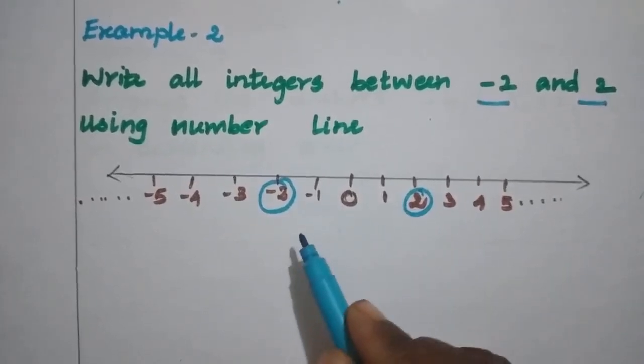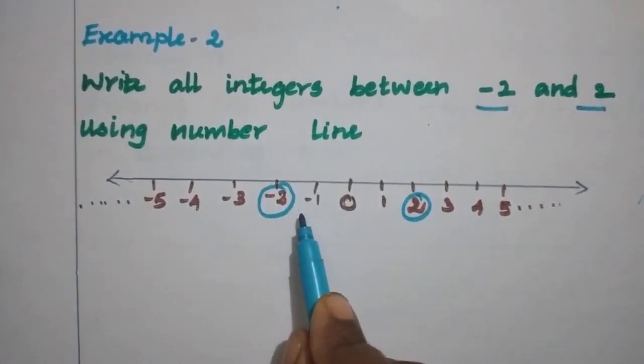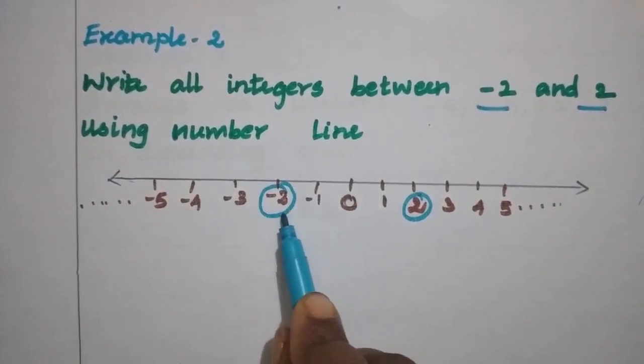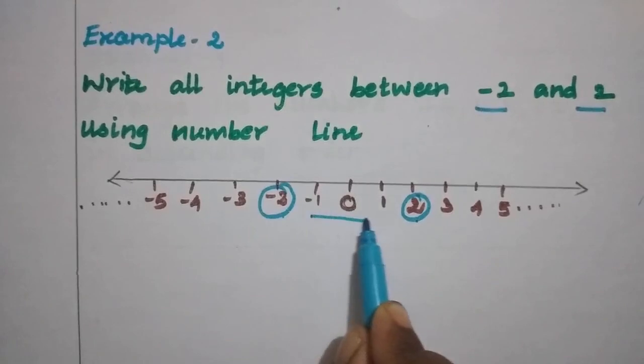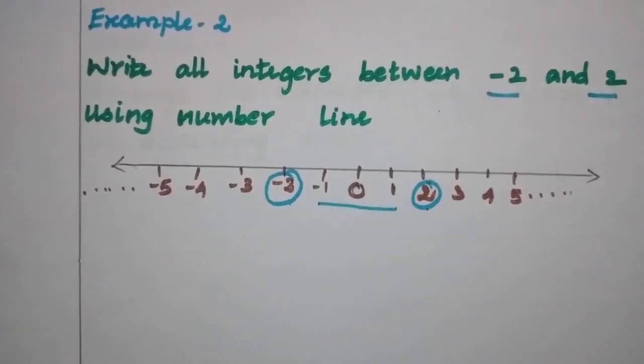So now it's clear to see the integers between minus 2 and plus 2 are minus 1, 0 and 1.